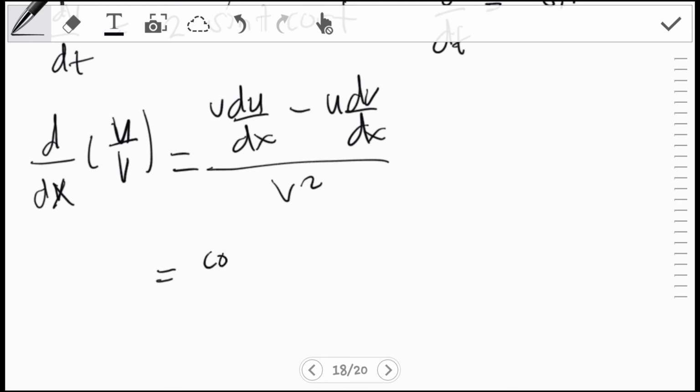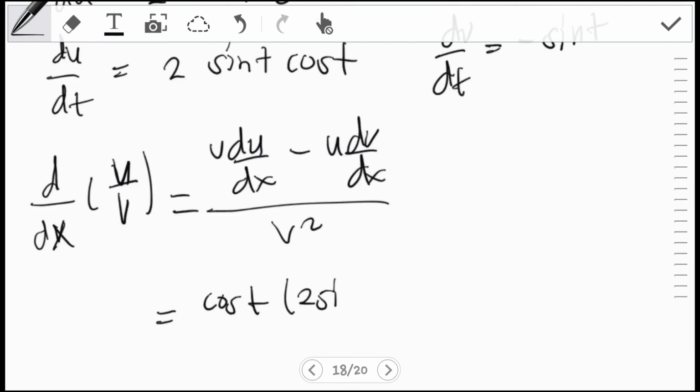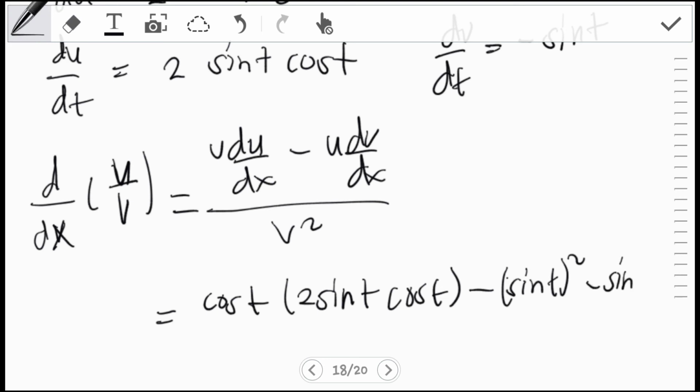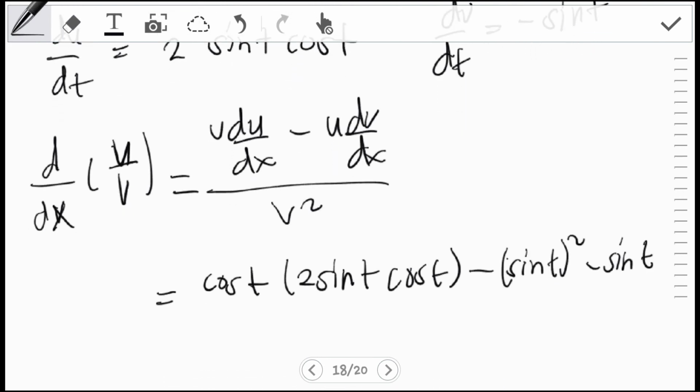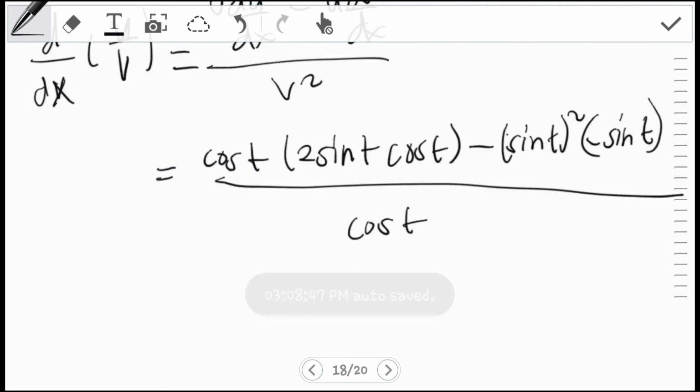Where v here is cosine t, du over dx is 2 sine t cosine t, minus u, the quantity of sine t to the power 2, where dv is negative sine t, over cosine t to the power 2.